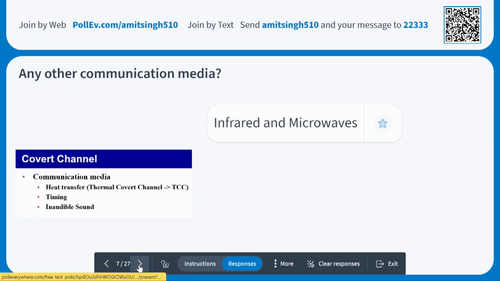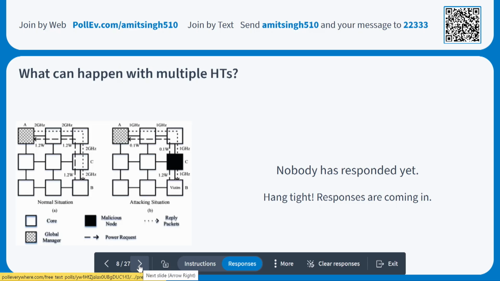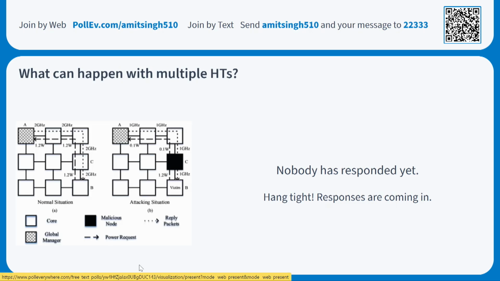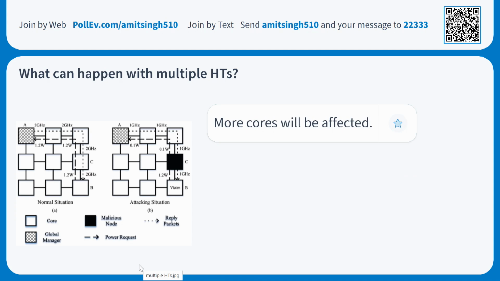With one hardware Trojan, the request was changed, right? But let's say there is a hardware Trojan on the second one as well. What can potentially happen?